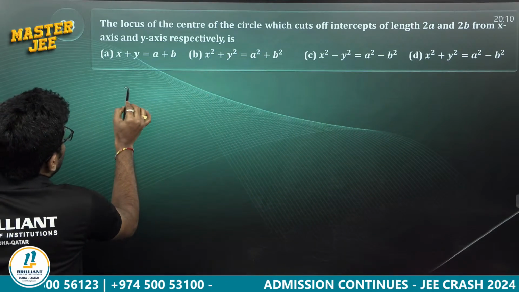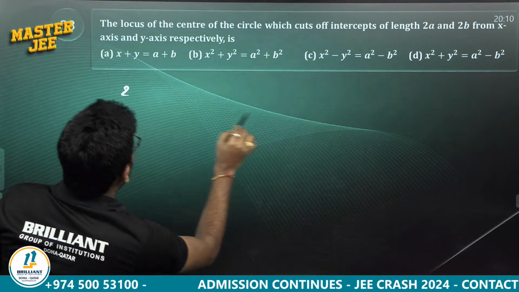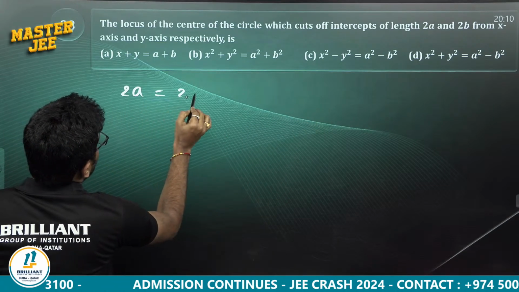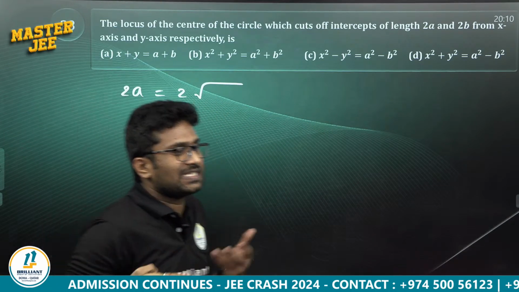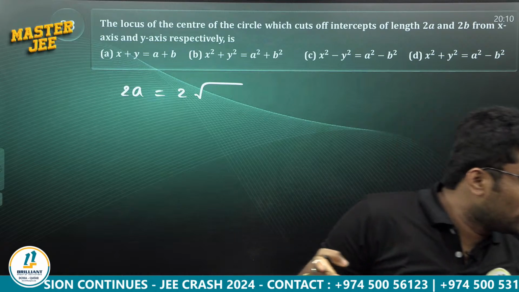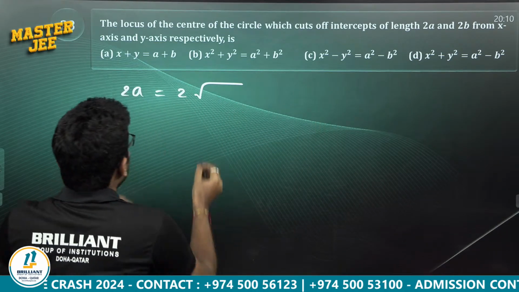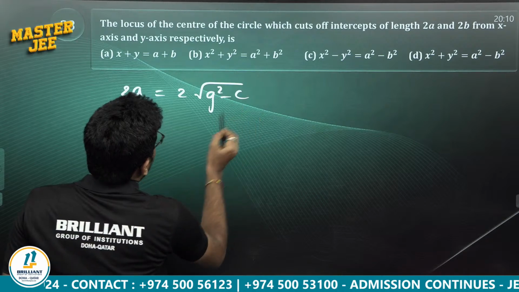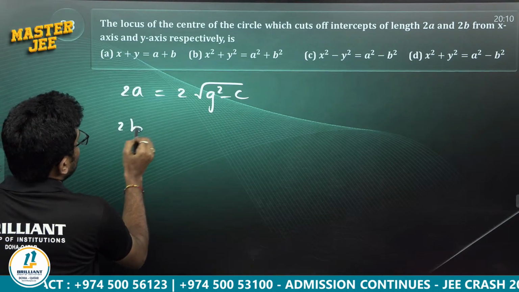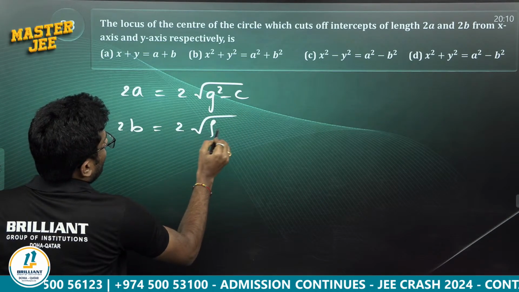They have given clearly the x-intercept as 2a. So 2a should be equal to 2 root g square minus c. What is the y-intercept? 2b is equal to 2 root f square minus c.